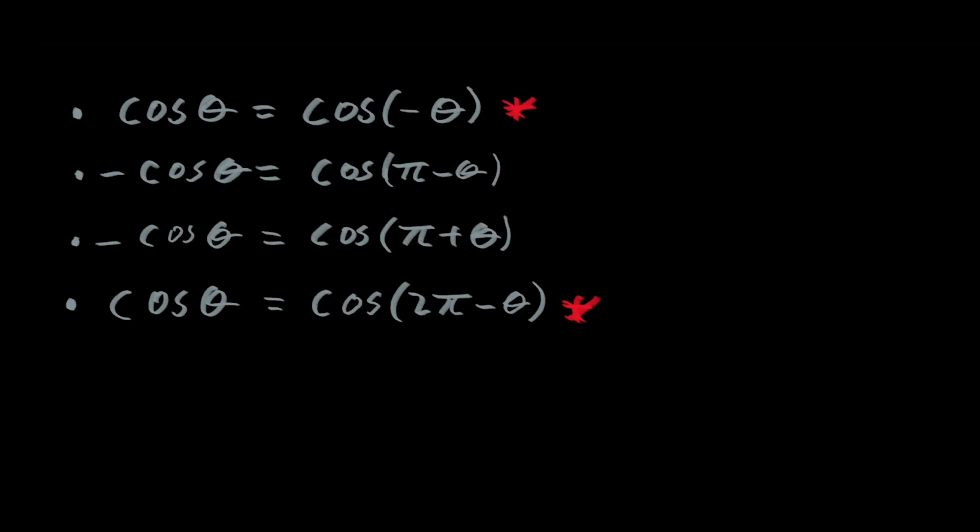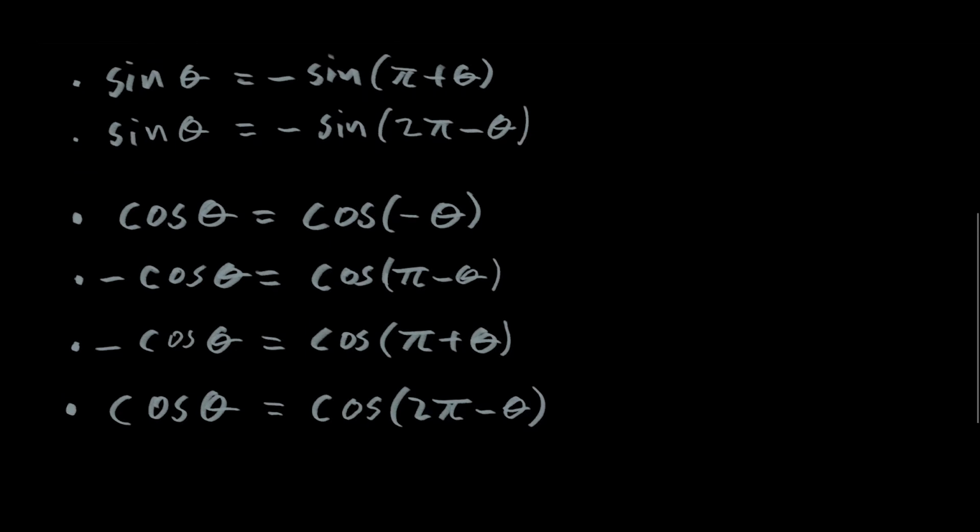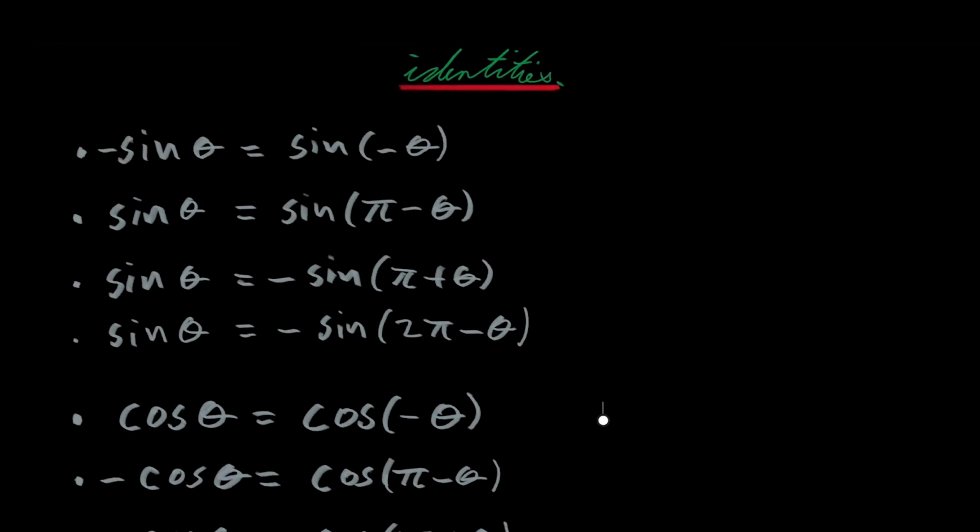And you can also see that the cosine of pi minus theta is equal to the cosine of pi plus theta because both of those are equal to the negative cosine of theta.